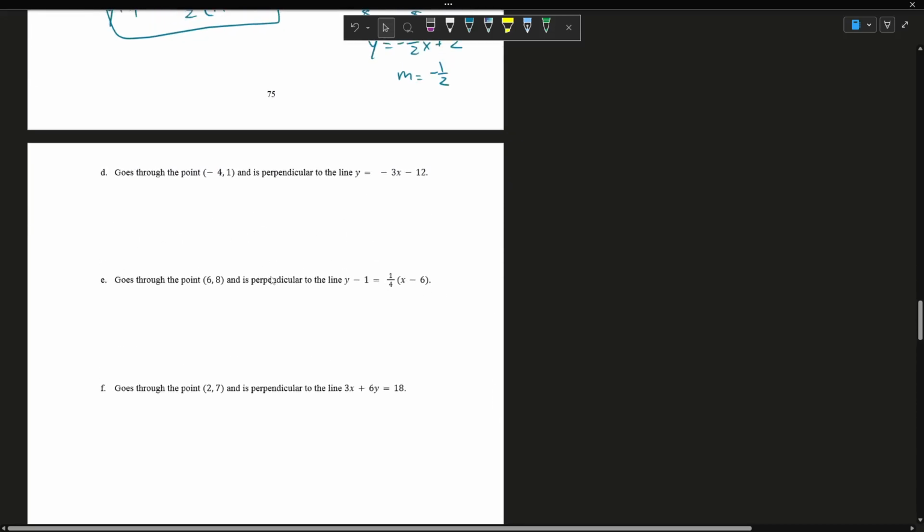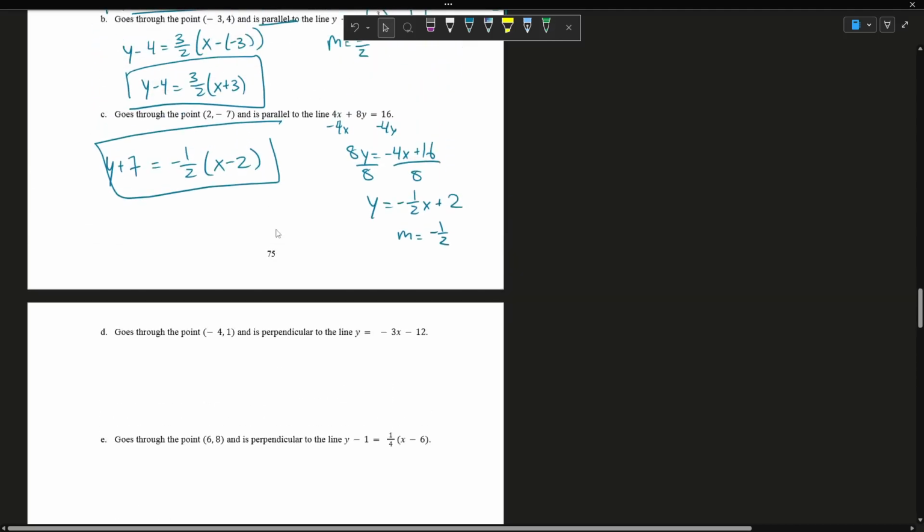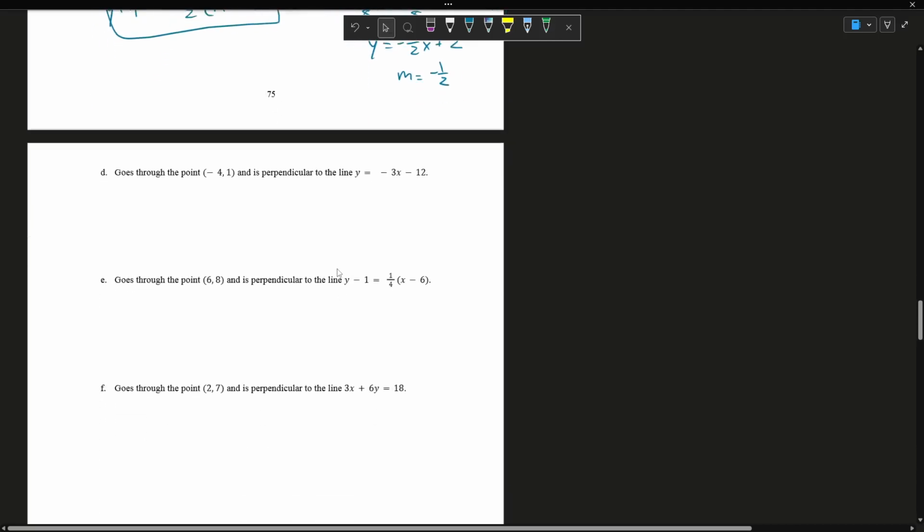And now D through F are perpendicular. So it's no longer the same slope. I want to find the opposite reciprocal. So if M for this one is -3, my new M must be positive 1/3. So y minus 1 equals 1/3 times x plus 4.